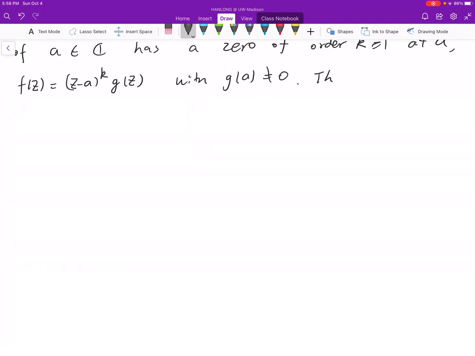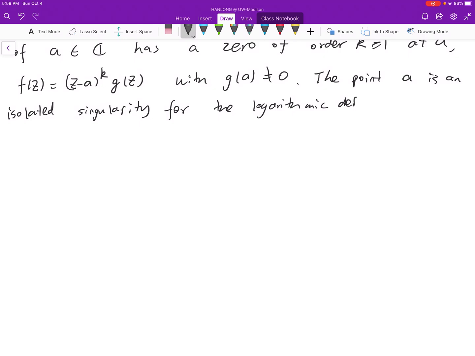The point a is an isolated singularity for the logarithmic derivative.